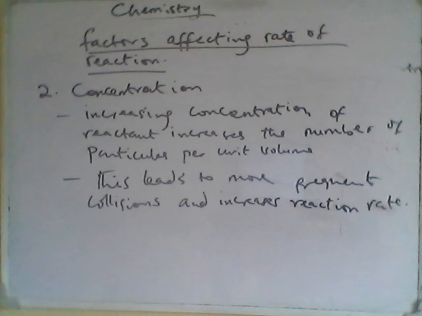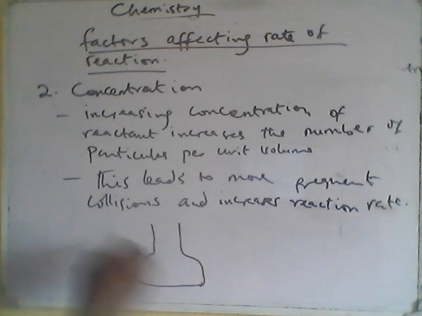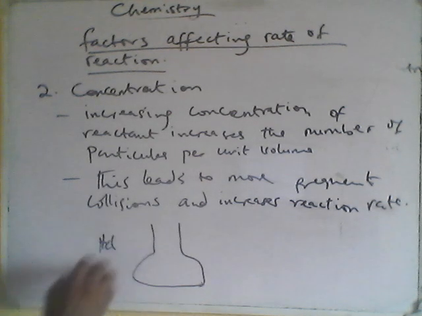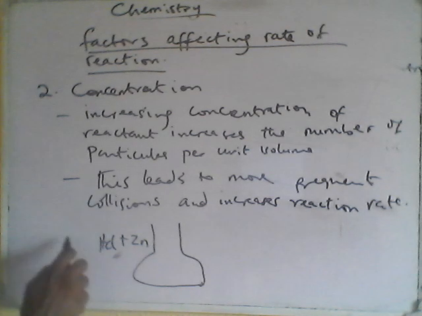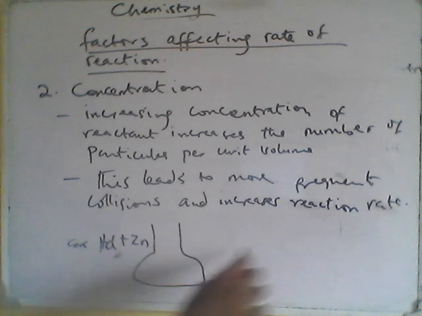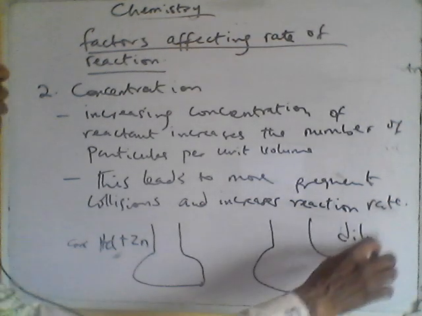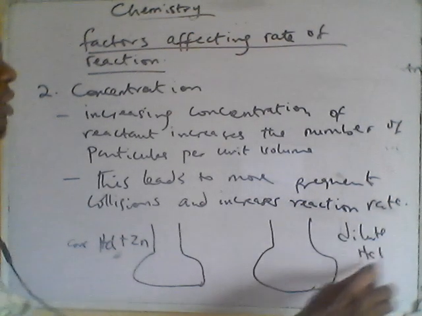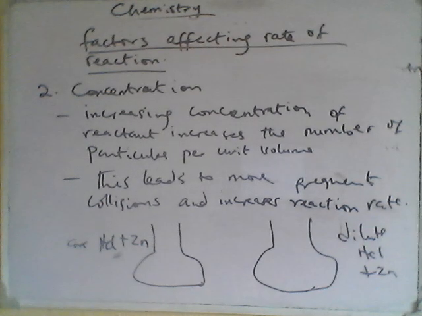So you see that you have two containers with hydrochloric acid and zinc, HCl plus zinc. If this one is concentrated, it will be faster than if I have dilute hydrochloric acid and zinc. So concentrated hydrochloric acid will also give us a faster rate of chemical reaction.